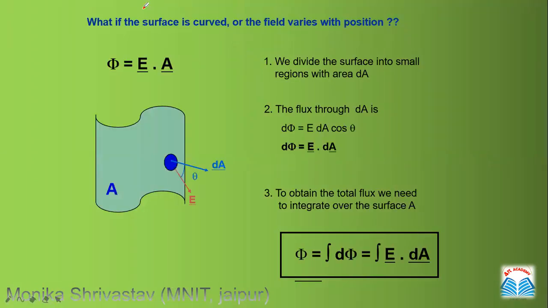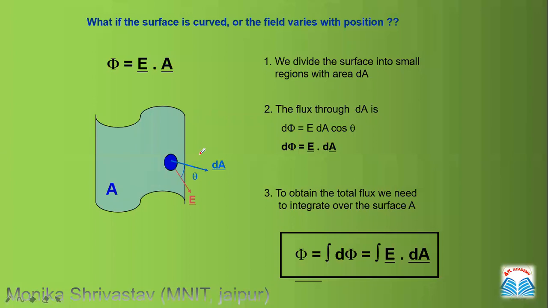Okay. What if the surface is curved? Like we have any surface which is not flat, it has some curve like this. Is there any chance of variation of flux?